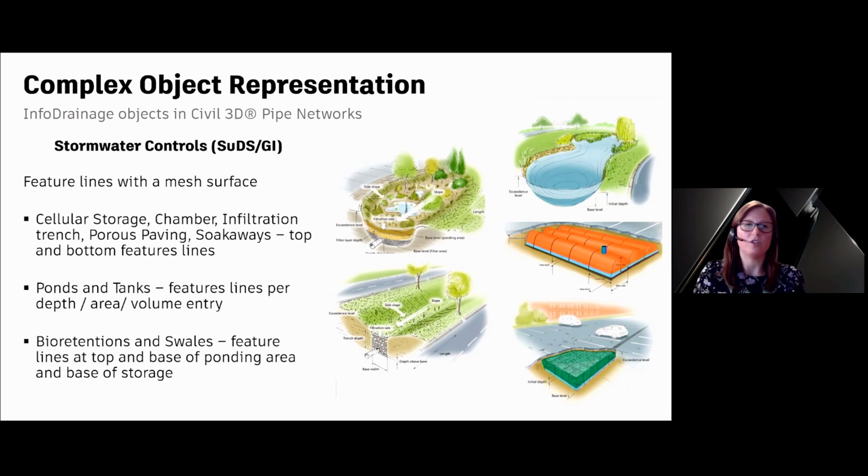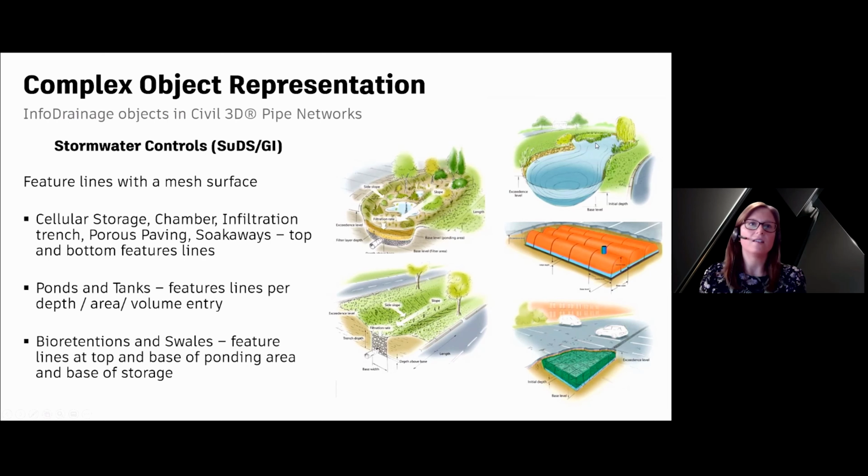So these usually have vertical sides, and so there's a top and bottom feature line and then a mesh surface in between, but their shape may not be rectangular. The ponds and tanks can be a little more complex.